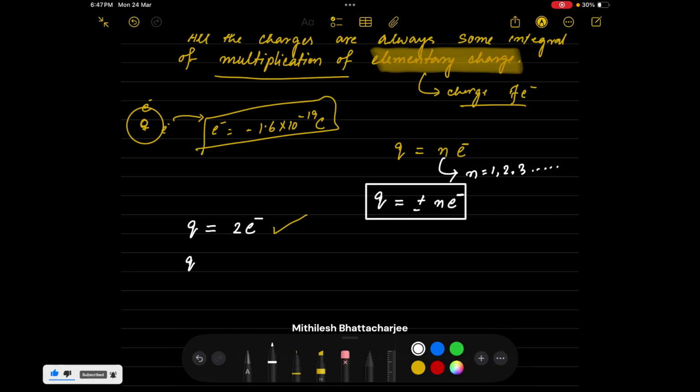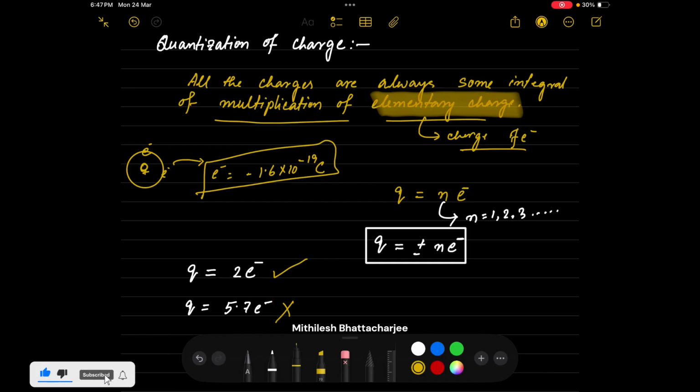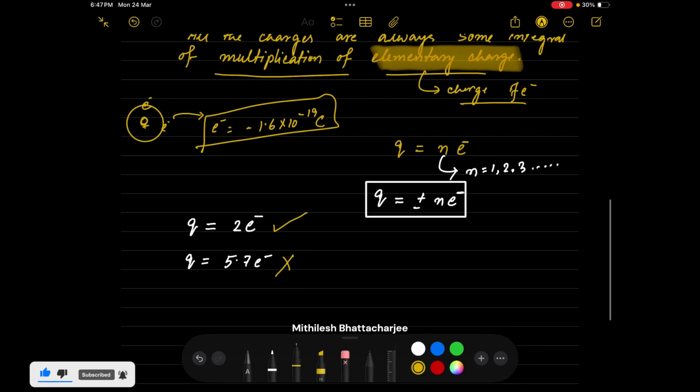But if we say q is equal to 5.7e, this will be wrong, because we cannot represent it by a decimal multiple of the elementary charge. We will have to put an integer value, so n is 1, 2, 3, and so on.